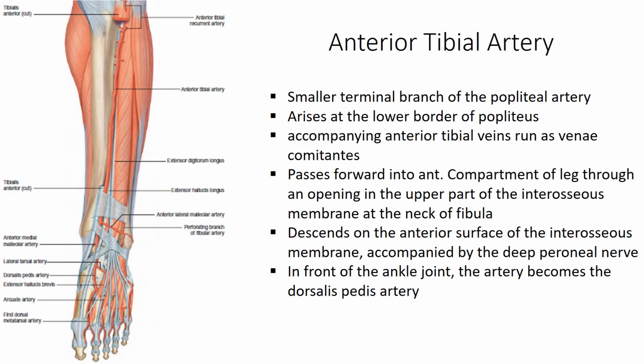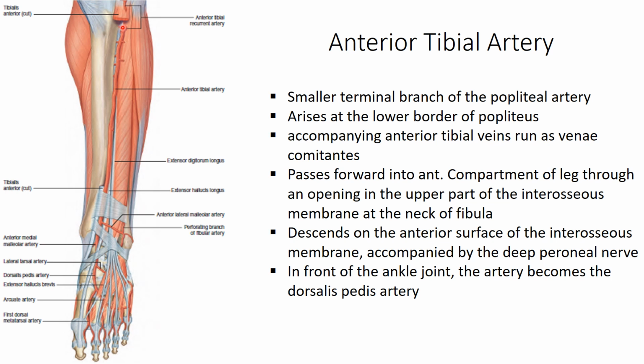Now the anterior tibial artery is the small terminal branch of the popliteal artery. It arises at the lower border of the popliteus and then passes through this gap, which is the gap in the interosseous membrane on the proximal portion.